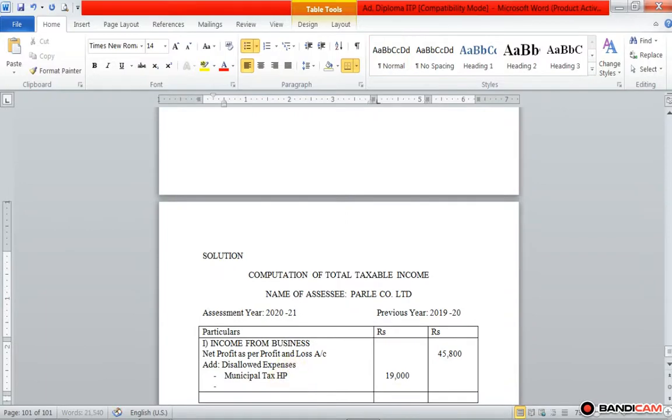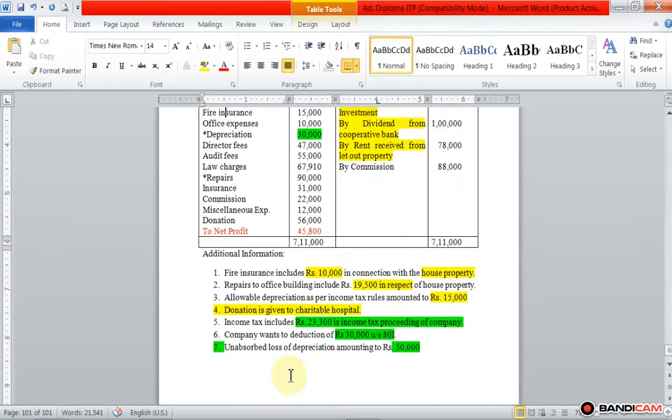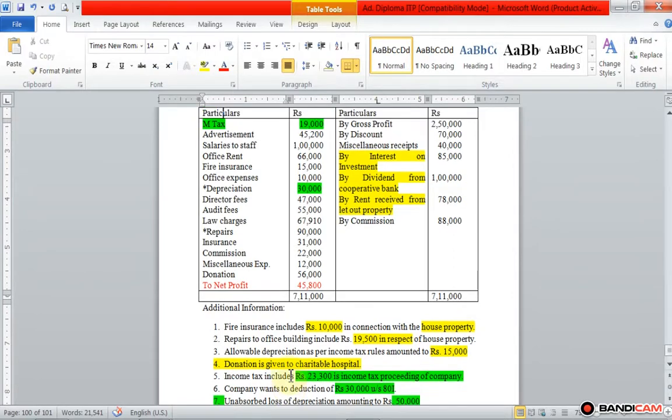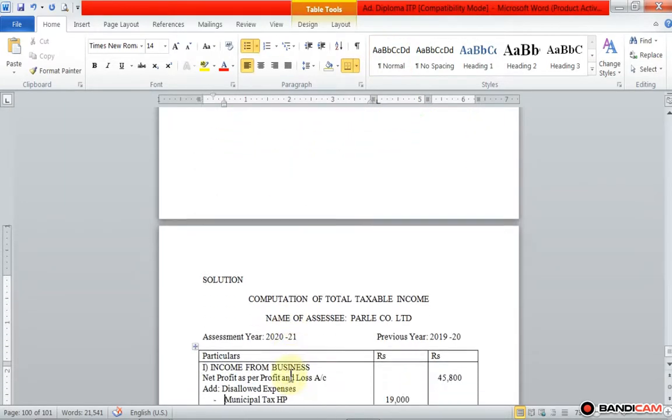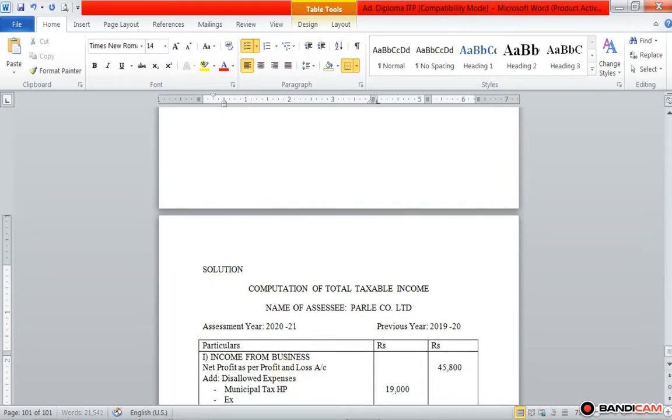Another disallowed expense is depreciation. Additional information number 3 says that allowable depreciation as per income tax rules is rupees 15,000. So excess depreciation is charged and it is disallowed, amounting to rupees 15,000.